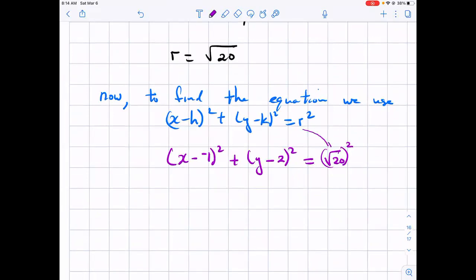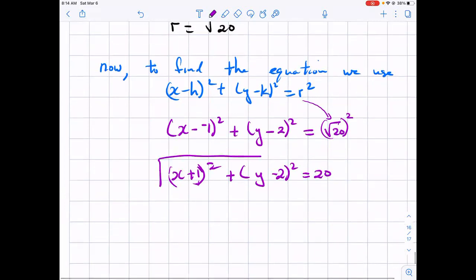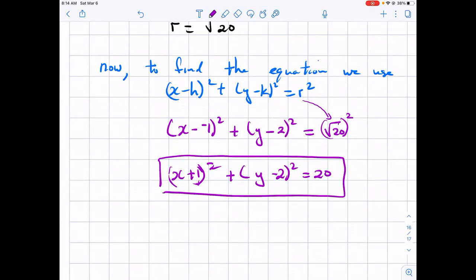So finally we have x plus 1 squared plus y minus 2 squared is equal to 20. And here is the equation of the circle in standard form.